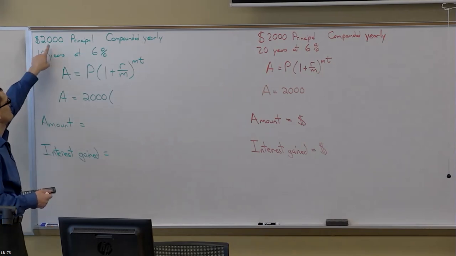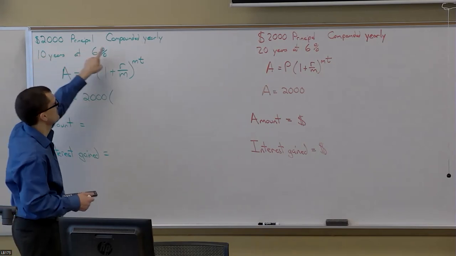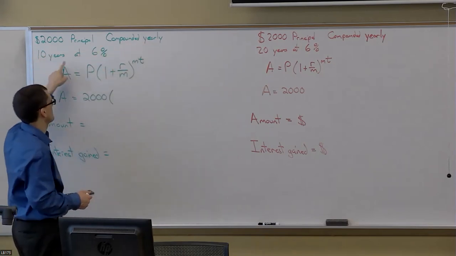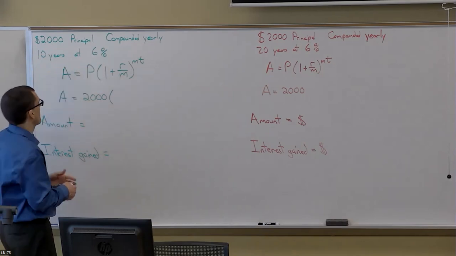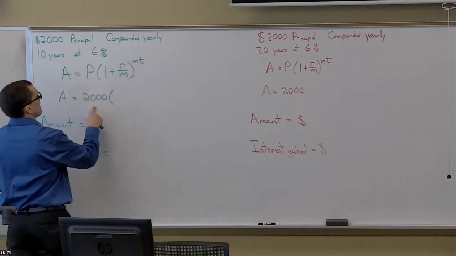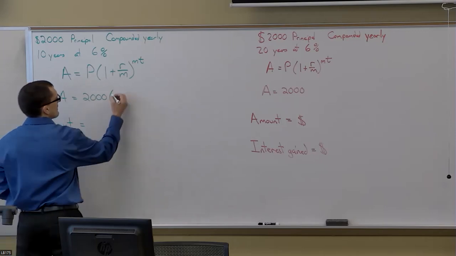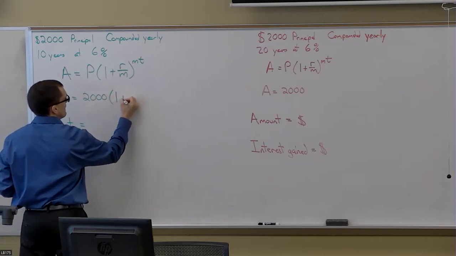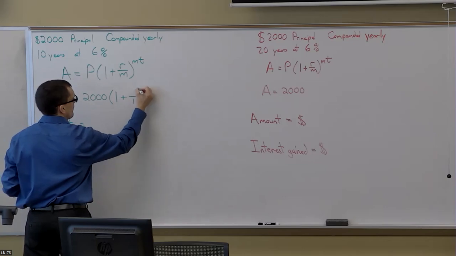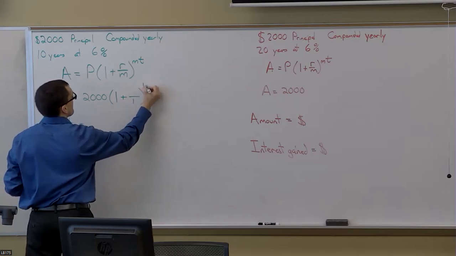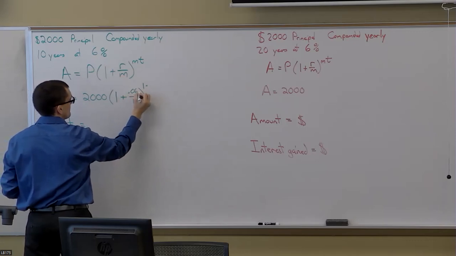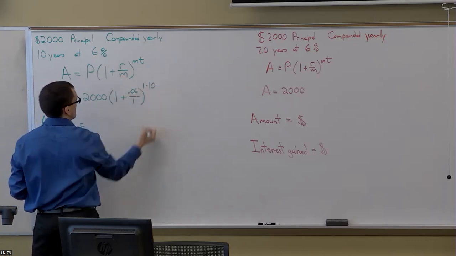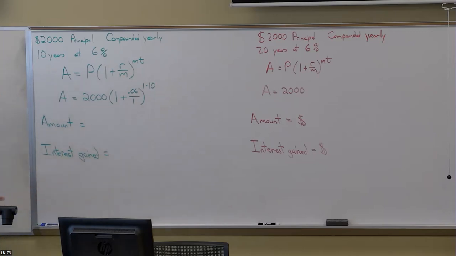So if we put in $2,000 compounded yearly for 10 years at 6% interest, that was the first bullet point. P becomes 2,000. Compounding yearly means that that M is a 1. 6% interest means my R is 0.06. For 10 years means my T is 10.